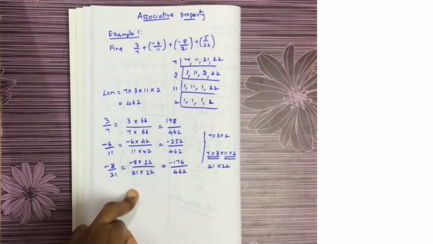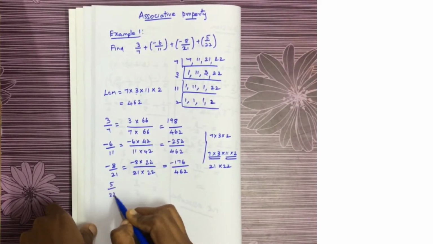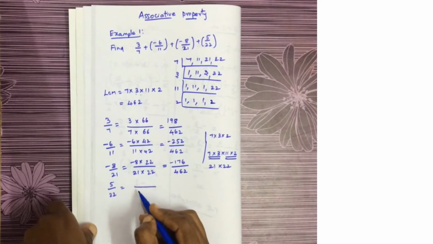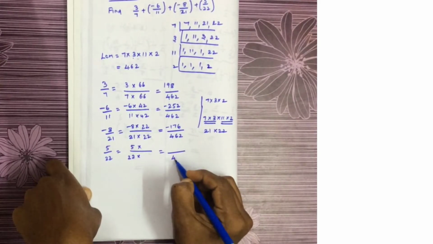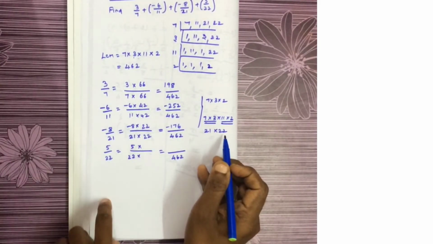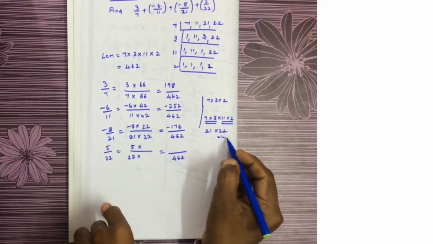Minus 176. The last thing is 5 by 22. So right here, 22 multiplied by what equals 462? From this you know 22 multiplied by 21 is 462.